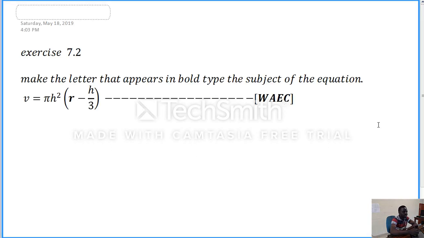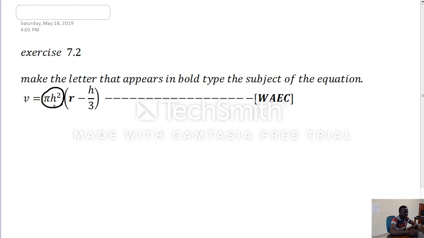Next is also a similar question, and we are asked to make R, being in bold form, the subject of the formula. Like we did in the previous example, we'll first of all get rid of pi h squared. And how do we do that? By dividing both sides by pi h squared.